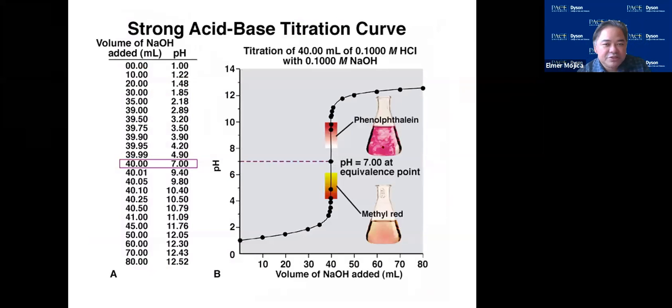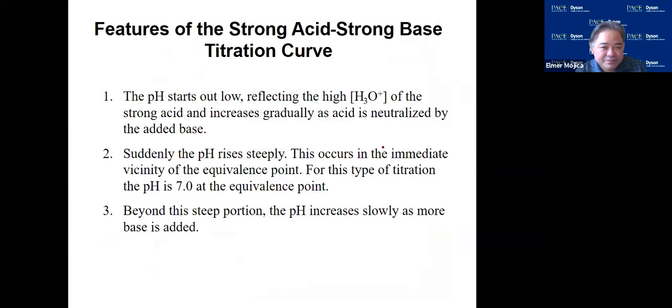So if you have a strong acid-base titration curve, this is how it looks like. The equivalence point is exactly around 7. pH equals 7. Okay? And if you're going to look at the features of the strong acid and strong base titration curve, the pH starts out low, which reflects the high hydronium concentration of the strong acid, and then increases gradually as the acid is neutralized by the added base.